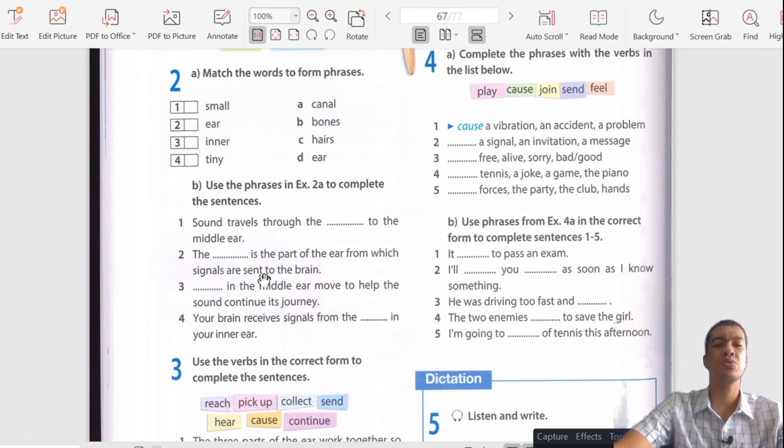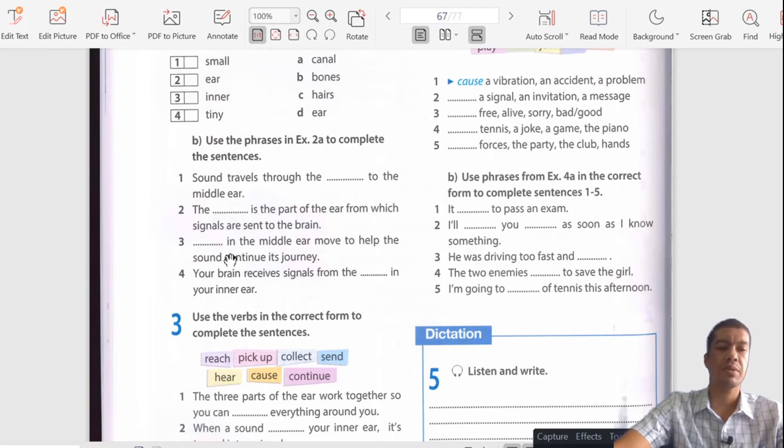But for number 2, the inner ear is the part of the ear from which signals are sent to the brain. Number 3, we have in this middle ear move to help the sound continue its journey. So what can we use here? Which word can we use to form our sentence? So we have small bones in the middle ear.